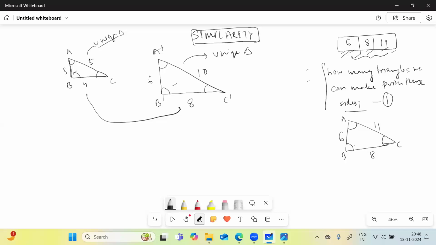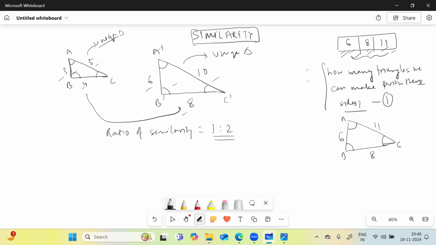Like here it was 3, 4, 5, and I took 6, 8, 10. And here we can also define the ratio of similarity, which is 1 is to 2 in this case.